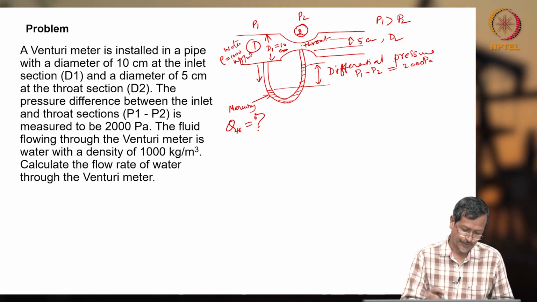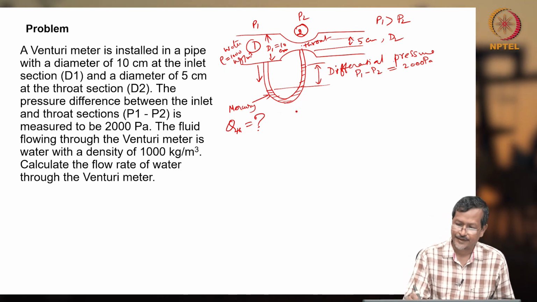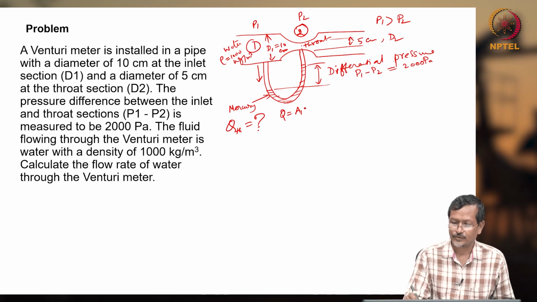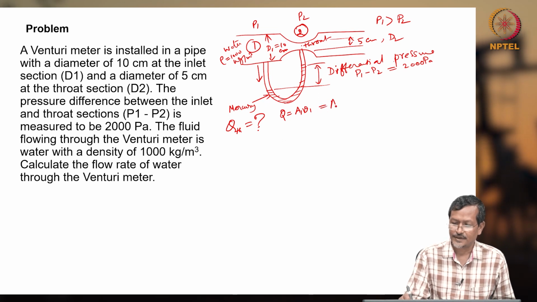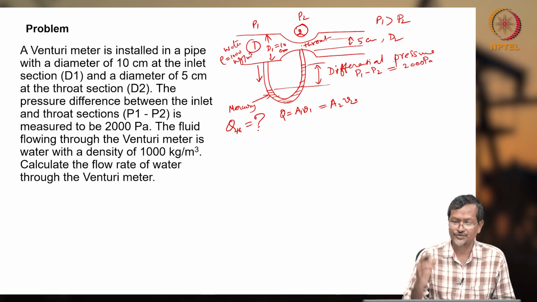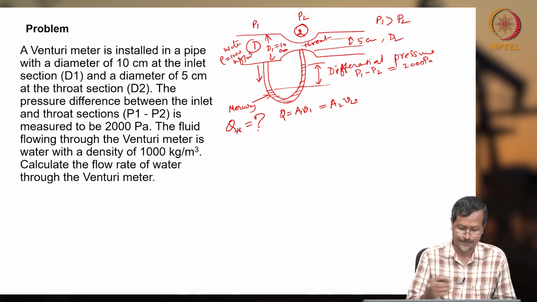To calculate this, first you calculate the area in Q equals A1 V1 equals A2 V2, because the flow rate is not changing; although you are creating restriction, only velocity and area are changing.